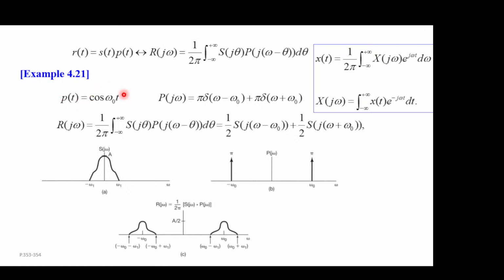For now, we think about p of t as the actual physical signal, so it's going to be a real function. So let's have cosine omega t here. Cosine omega t is a periodic function, and we can break it into two complex exponentials as usual. So this is e to the plus j omega t plus e to the minus j omega t.